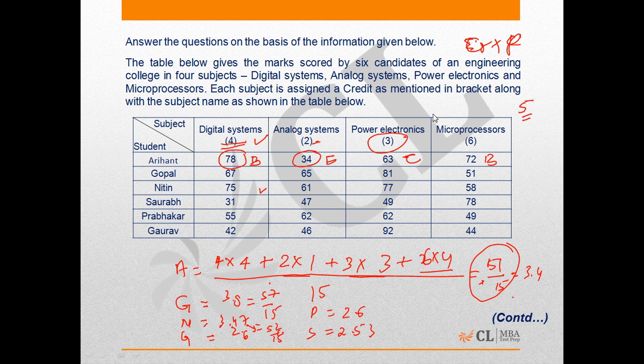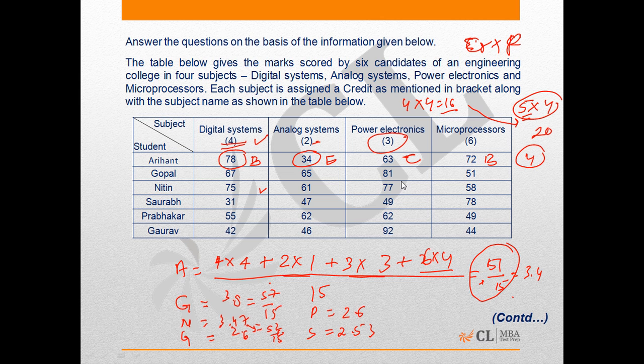As at present this value is 4, that is credit into point received for the grade that he has at present in digital system, which is grade B. Consequently, the point is 16. If his marks become 80 in digital system, his grade will become A, which fetches 5 points, and along with credit this will make 20. So there is an increase of 4 in the value of credit into points received.